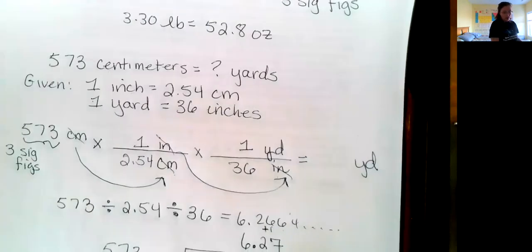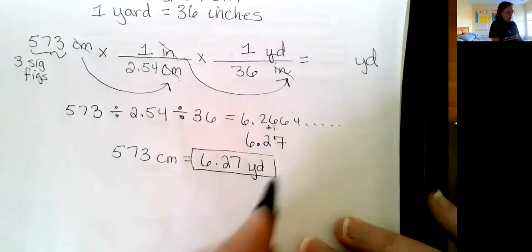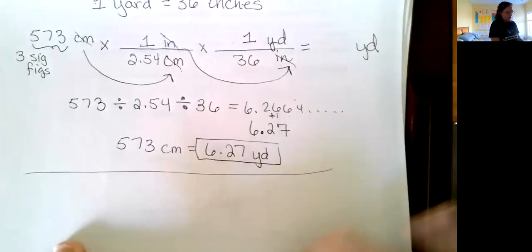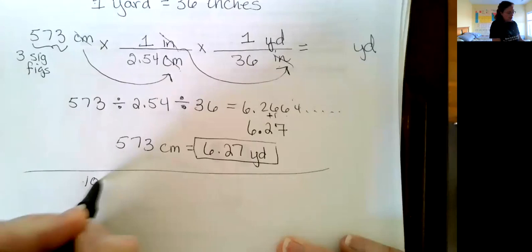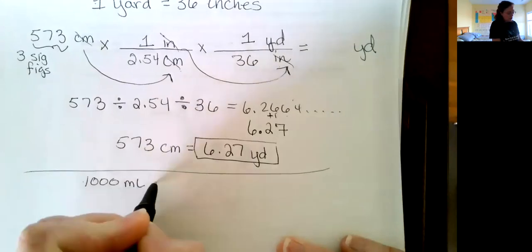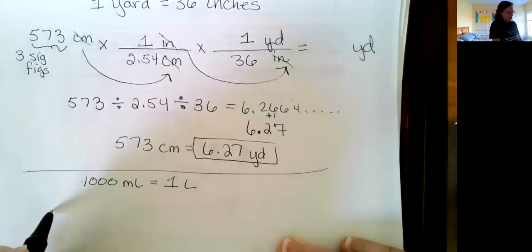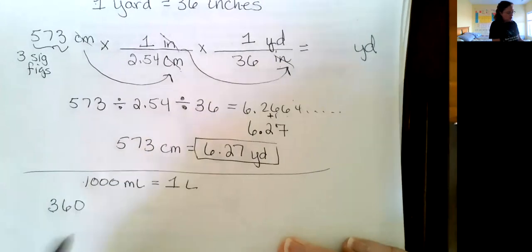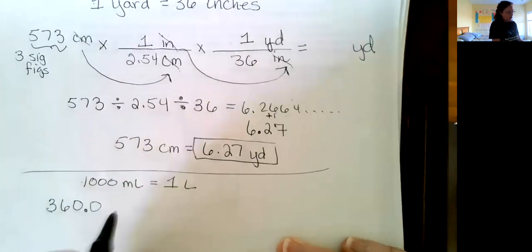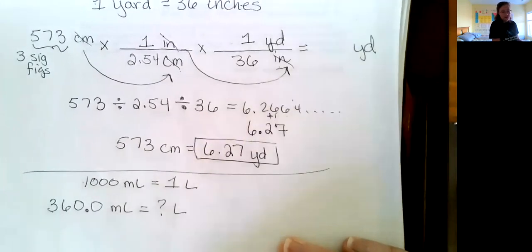If we know that there are 1,000 milliliters in 1 liter, then I can say if I have, I don't know, 360.0 milliliters, how many liters is that?